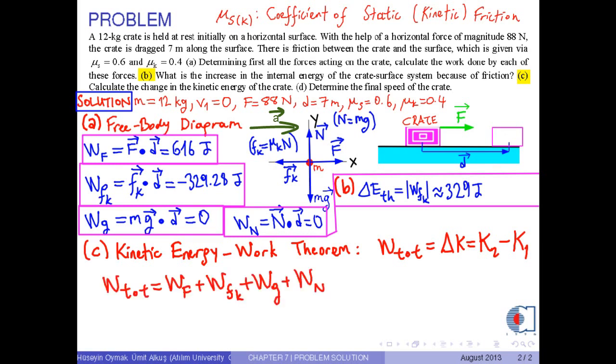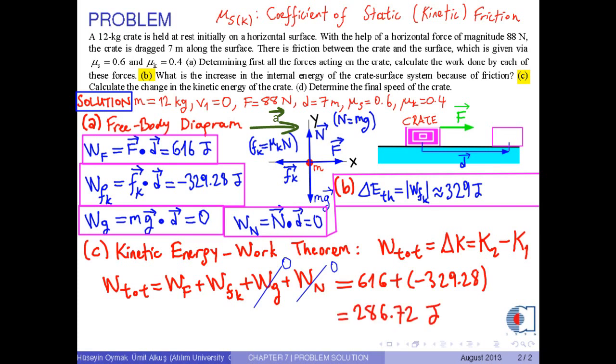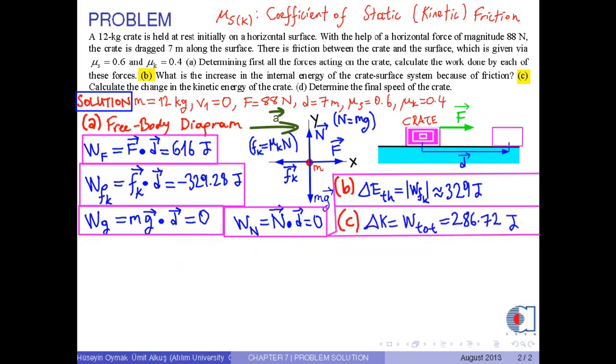Therefore, with the numerical values, we obtain 286.72 joules, which is approximately 287 joules. So, this is the change in the kinetic energy of the crate.